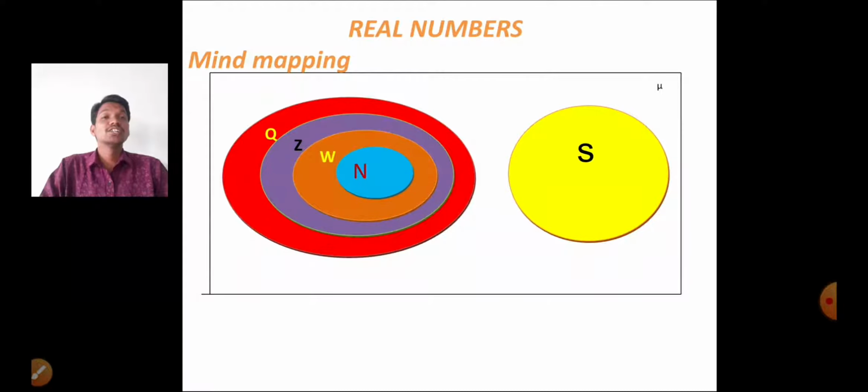The definition of real numbers: the set of rational numbers and the set of irrational numbers together are called real numbers. So these two collections of numbers belong to real numbers.